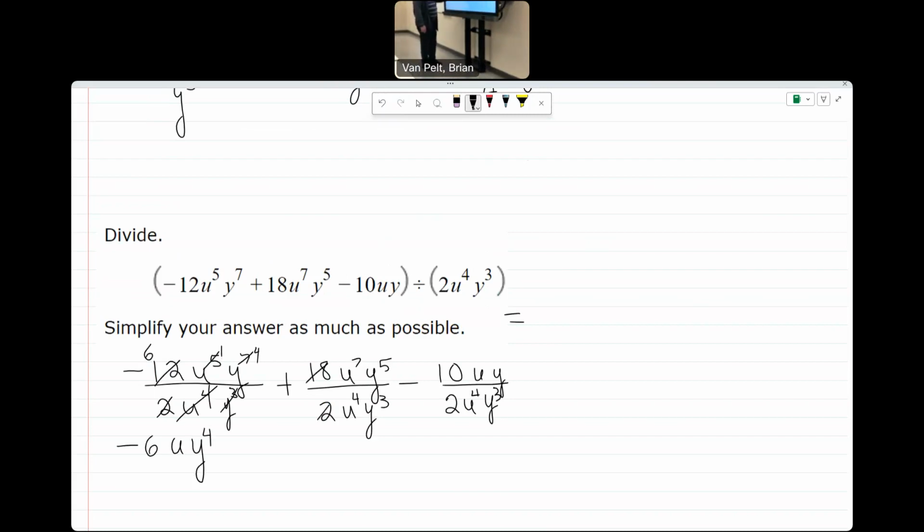Here we get a 9, u cubed, y squared. And the last one, -5. Right, see, these get kind of down here. 3, 2. Cube y.